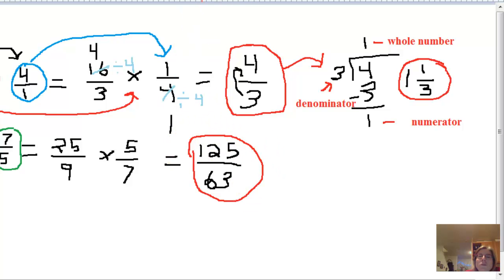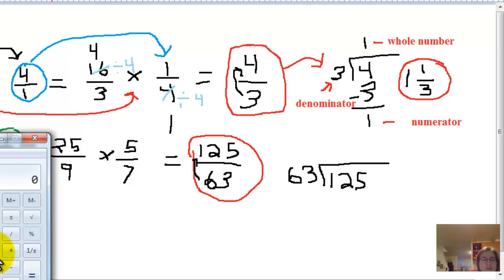So we need to do what we did up here, and that's divide 63 into 125 to get our mixed fraction. My guess is 63 times 2 will give us 125 or something close to that. Let's take a look at it. 63 times 2 is 126, so a little too much.